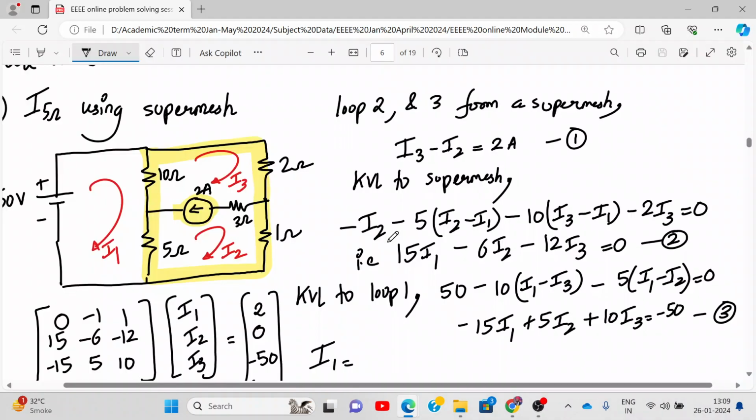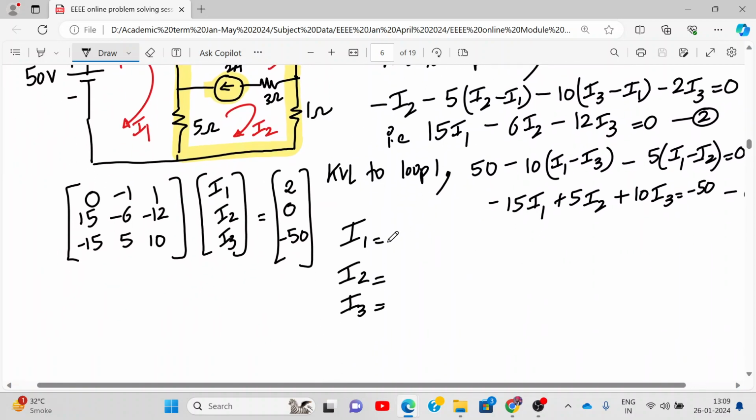Sir, I1 is 30. 30 amperes. Yeah. Okay, and I2 is 25.333. Okay, I3, Sir, I am getting I1 as 20. Is the equation the same? Yes, in mine.